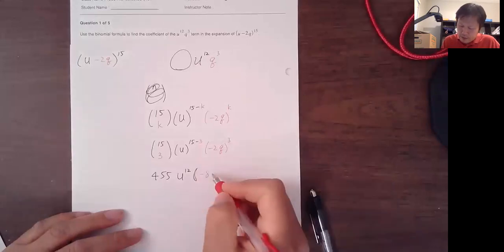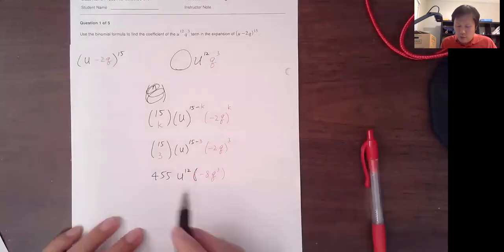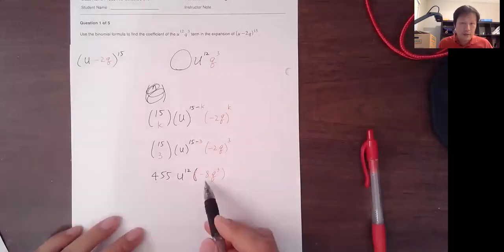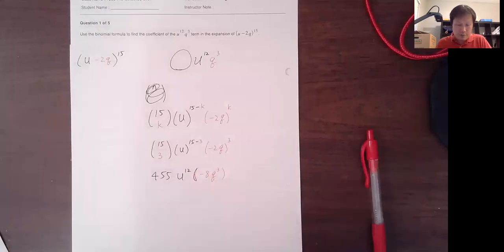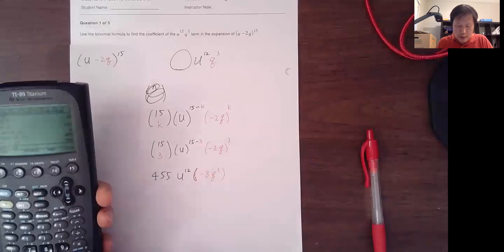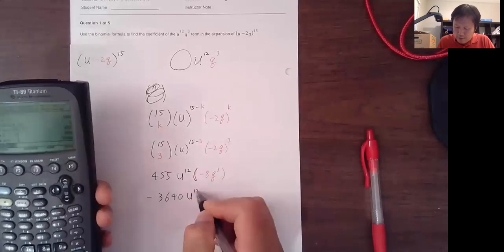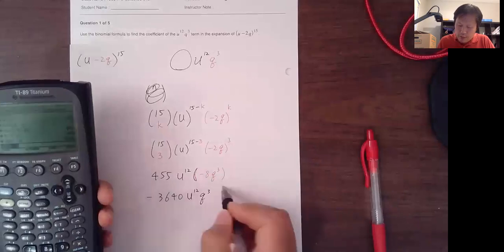Minus 8 q to the third power, we are almost done. 455 times minus 8, I'm going to calculate it. So 455 times minus 8, you get minus 3640 u to the 12th, q to the third. That is the answer.